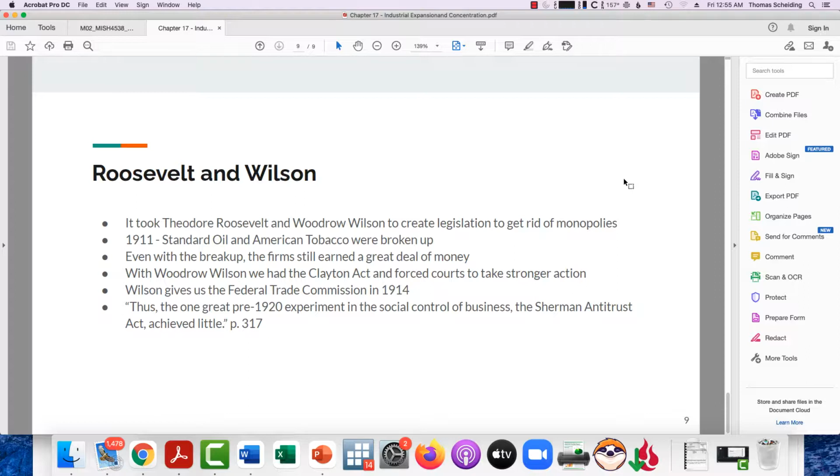And the Sherman Antitrust Act didn't achieve very much, but as the bottom of page 317 highlights, what it did is it gave an entry point for the government and in turn society for being organized in how businesses are run and whether those businesses are working towards a good set of goals rather than just increasing their own profit.